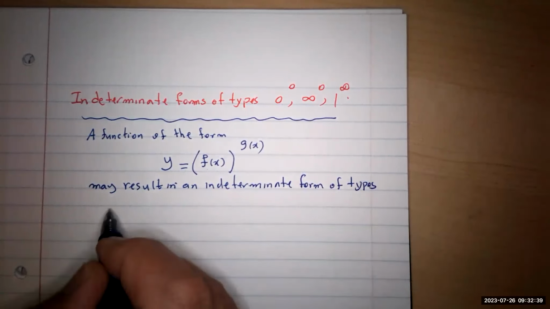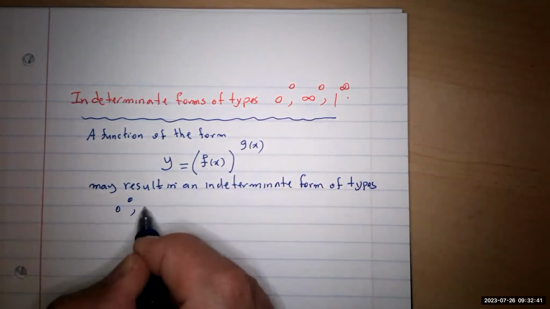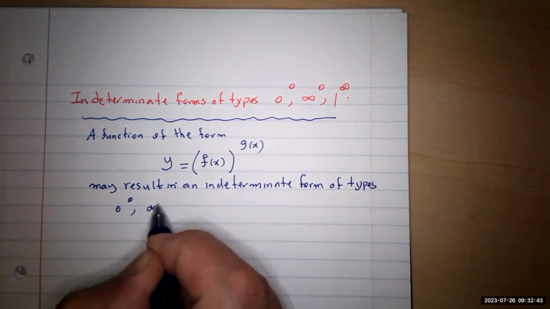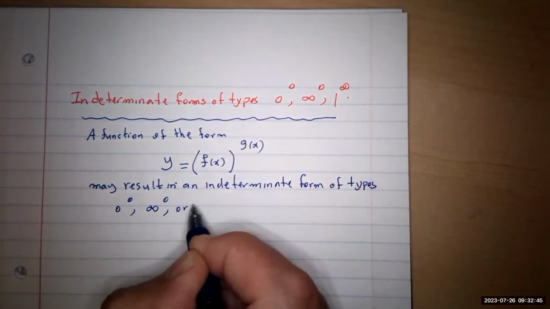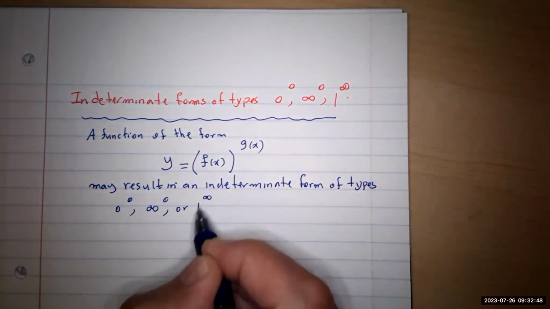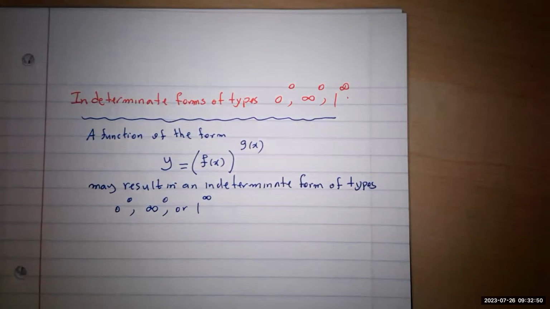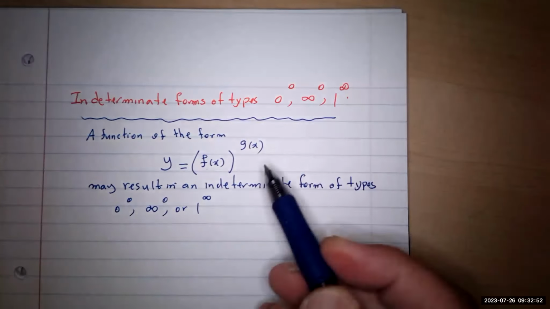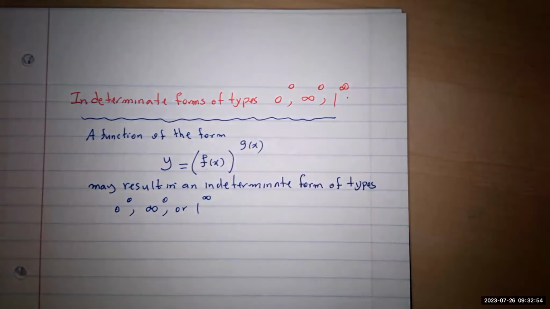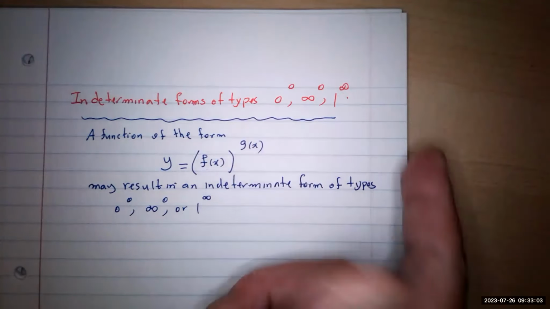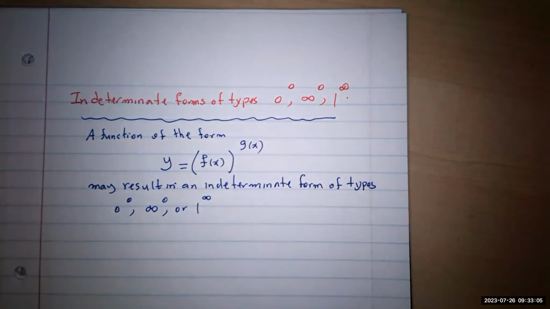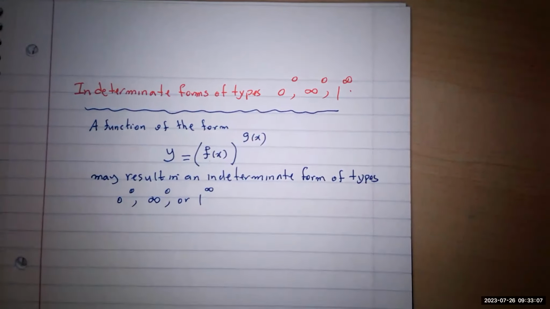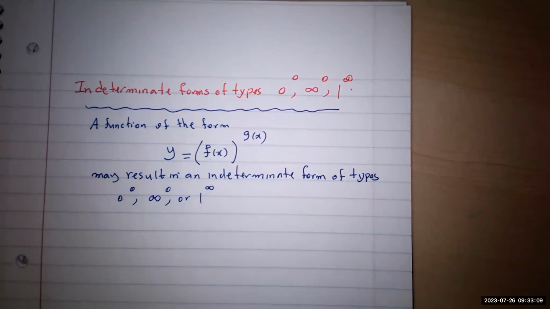The types that you may have are the ones that I listed: 0 to the 0, infinity to the 0, or 1 to the infinity, because these are not numbers. You cannot say that 0 raised to the 0 is 1, because, yes, any number raised to the 0 is 1, but not the 0 here. You may get 1 or you may not. So we are not sure at the beginning, so we have to check it.